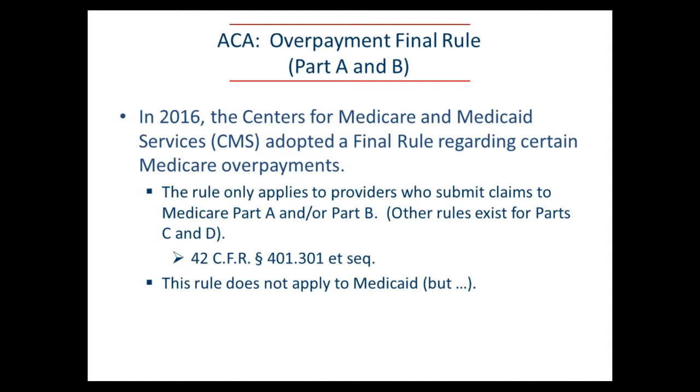So this regulation only applies to providers who submit claims to Medicare Part A, which is hospital insurance, and Medicare Part B, which is medical insurance. Other rules exist with regard to Part C and D, which include Medicare Advantage and drug coverage. One thing that's important to note is that this rule does not apply to Medicaid.